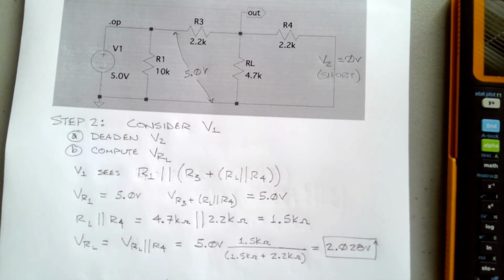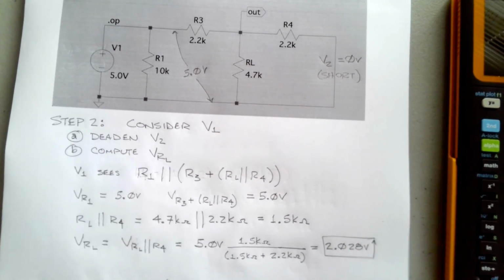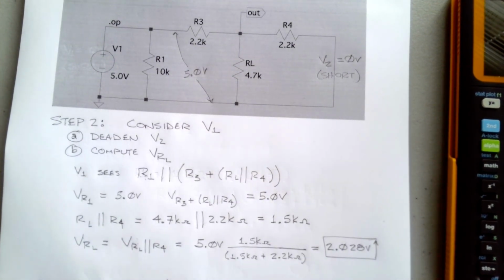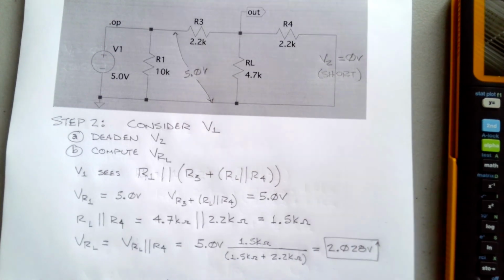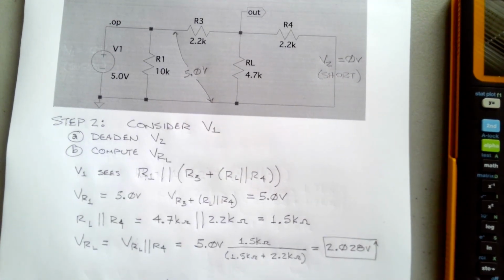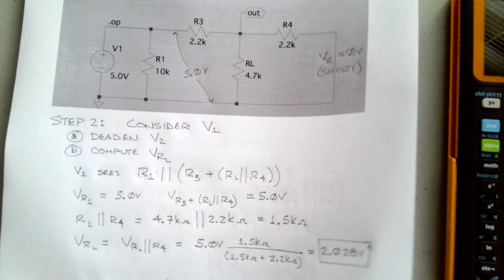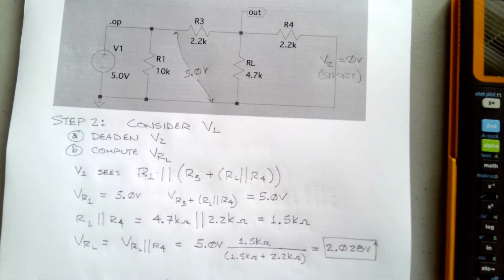I actually got 3.0389 on the simulation, so we're going to declare victory with that. I did a little bit of rounding here and there, so it's actually 3.039, so I'm off by 3 millivolts from the simulation, but I think that's a pretty good answer.